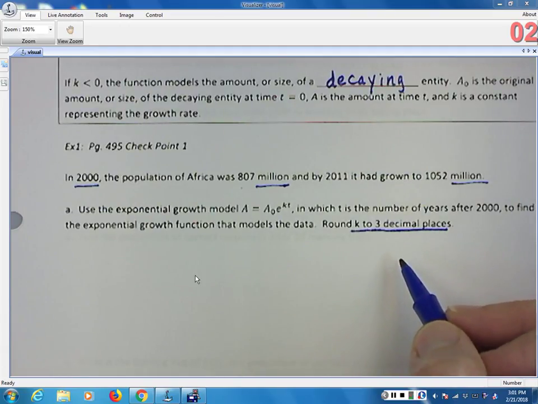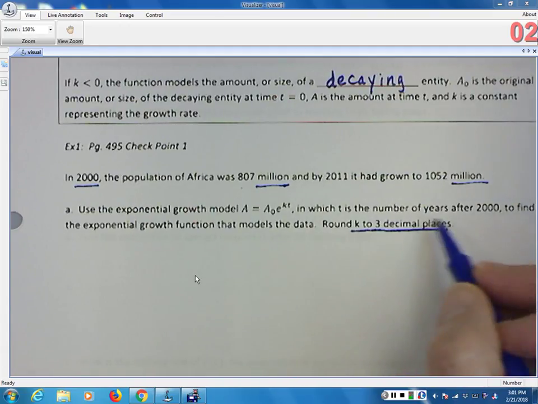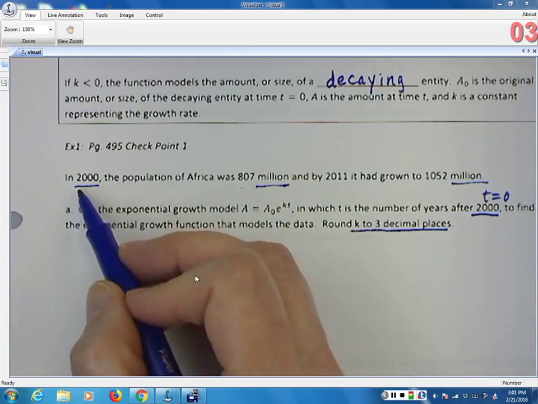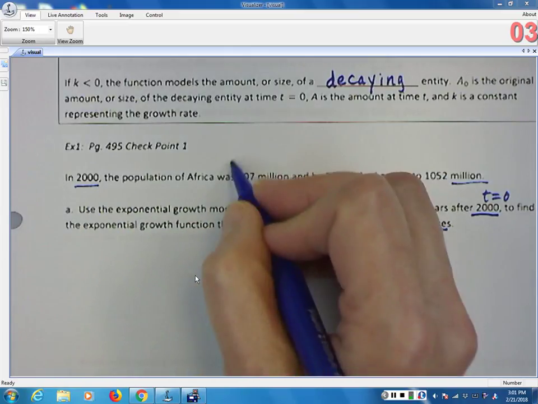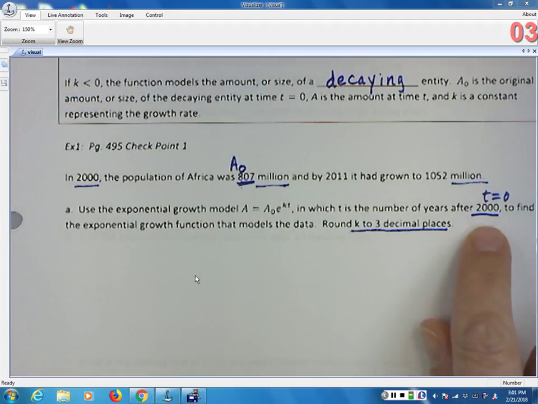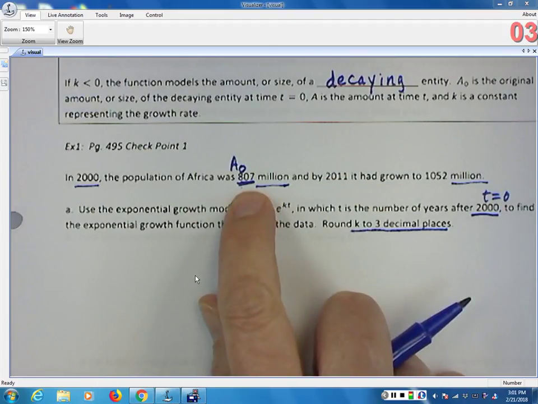So, if you're going to start at 2000, then t equals 0 in the year 2000. So our A0 is right up here. It says in 2000, the population, so this is our original amount at time t equals 0, 807 million.